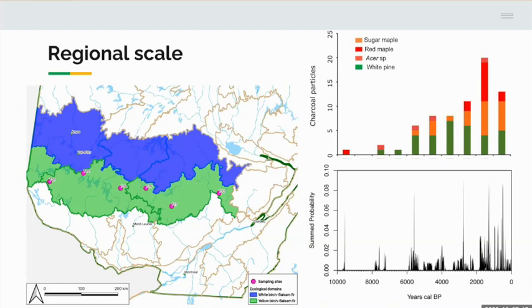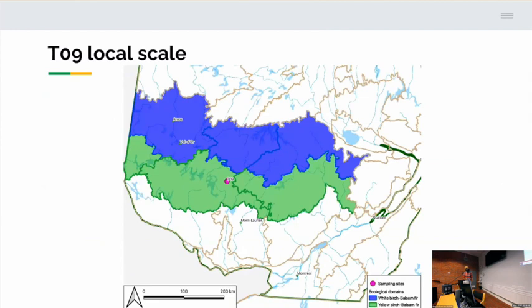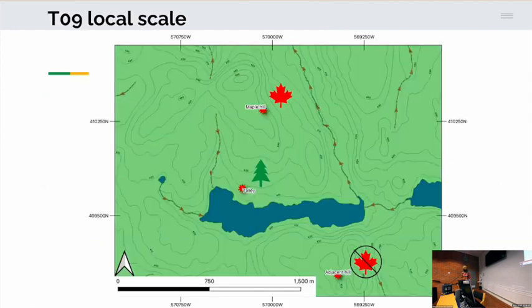And now, regional studies, once again, are all fine and well, but charcoal studies are not necessarily at their best when looking at a regional scale. So what we decided to do was concentrate on a single site where we had 3 sampling locations. The first location was our maple hill.